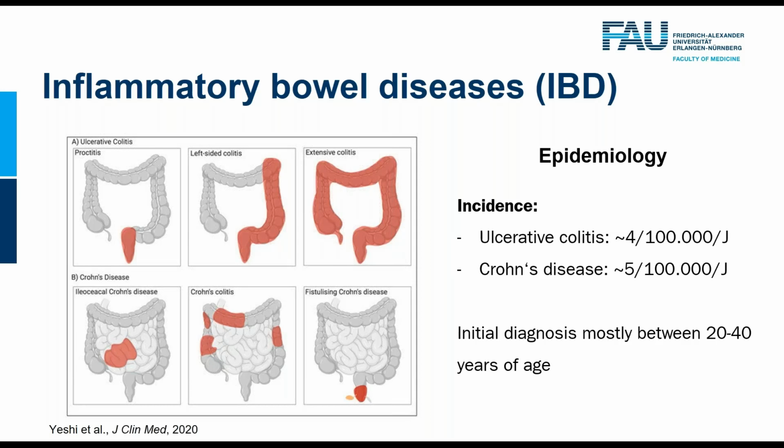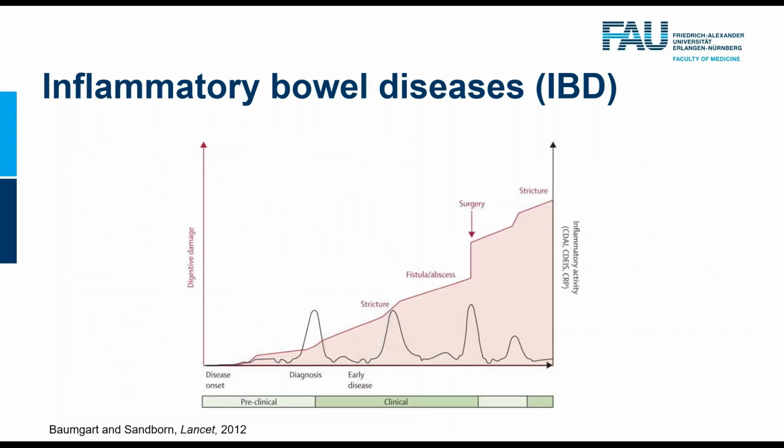Usually the diagnosis is made at a very early age, between 20 and 40 years of age, and patients are affected for a long time, maybe even the whole lifetime. So this is what the course of the disease can look like. Patients can have phases of active disease with intermittent remission.